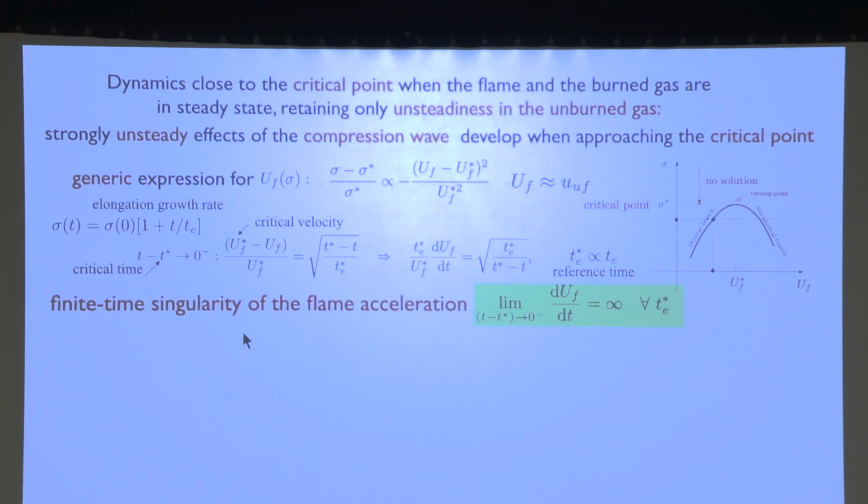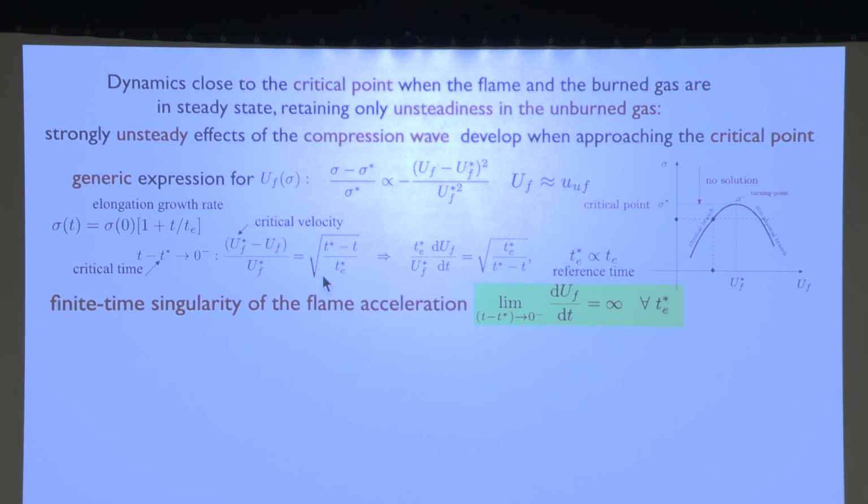And then when you invert that to have the flame velocity in terms of the time, you have the square root. So for a constant rate of increase of the elongation, so that this elongation is like the time, you approach the critical velocity as a square root.